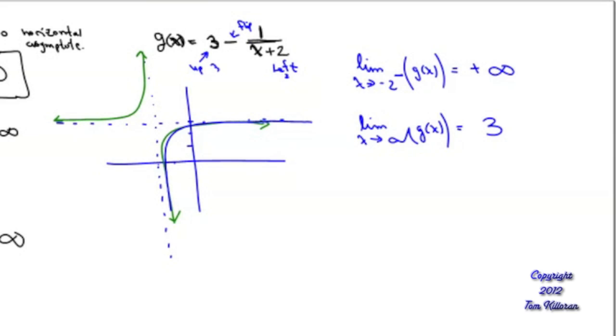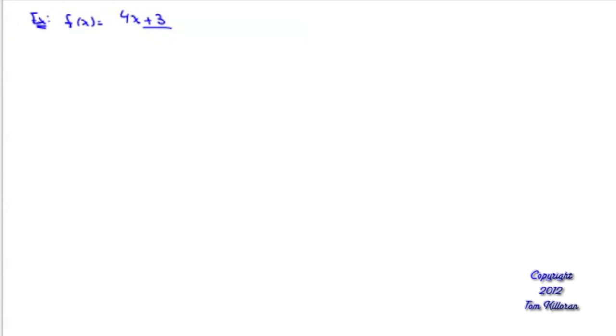All right. How about, let's see, the simple one. For example, let's graph in its entirety this function f of x is equal to 4x plus 3, all divided by x squared minus 4x plus 3.